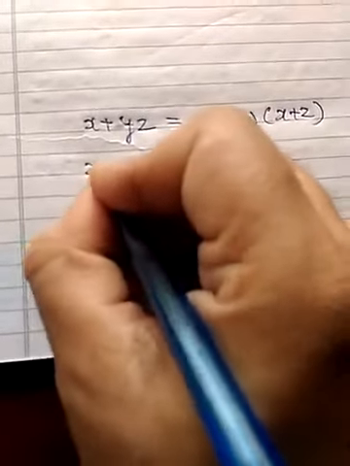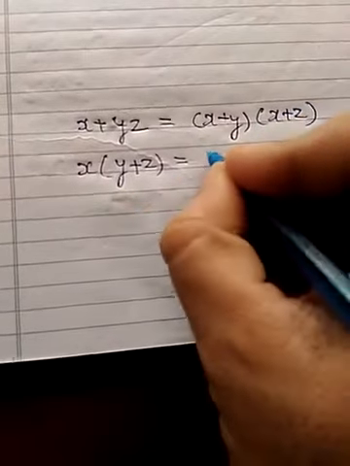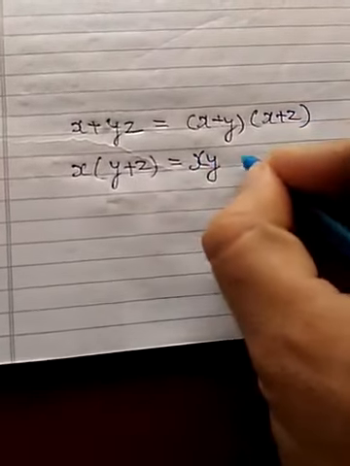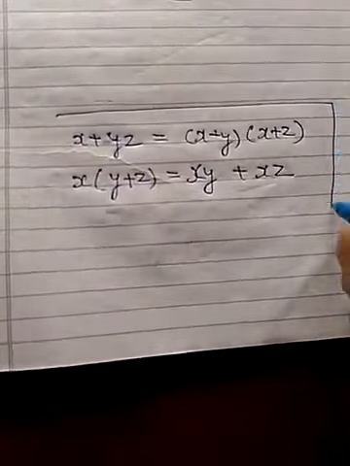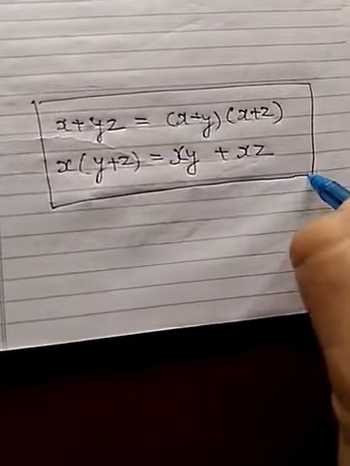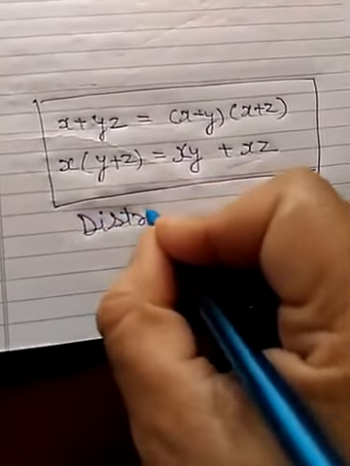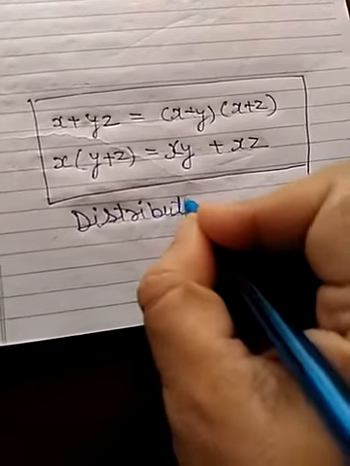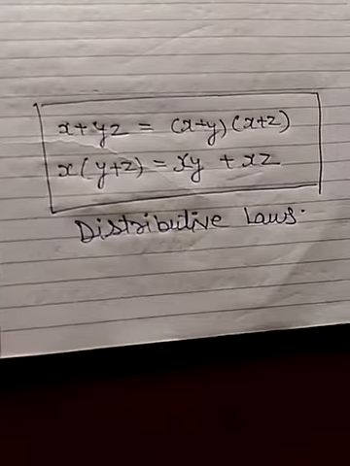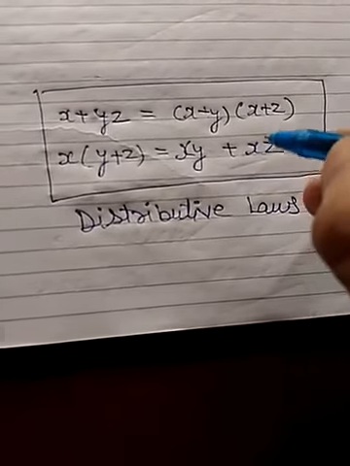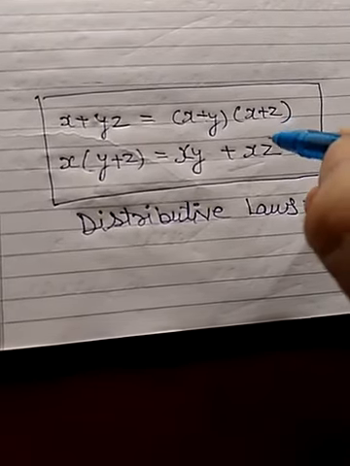The second distributive law is x into (y plus z) is equal to xy plus xz. These distributive laws are used to convert any function into the standard form.